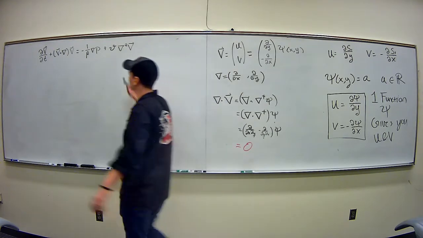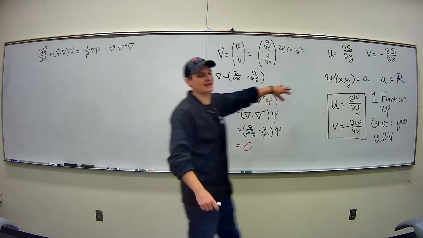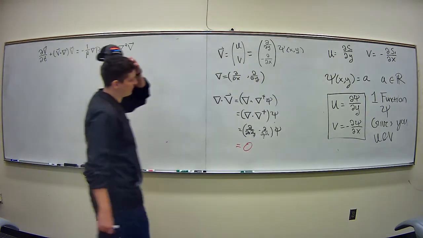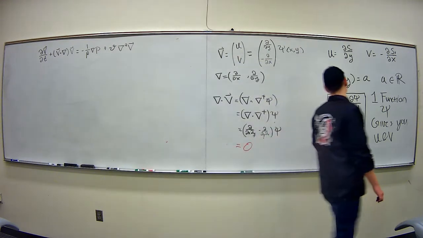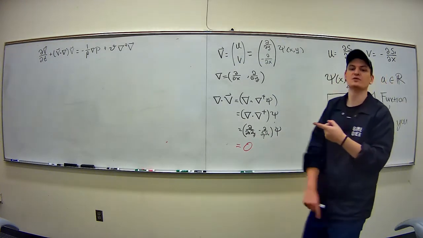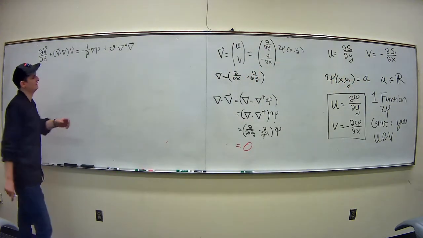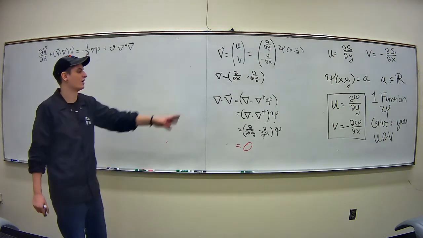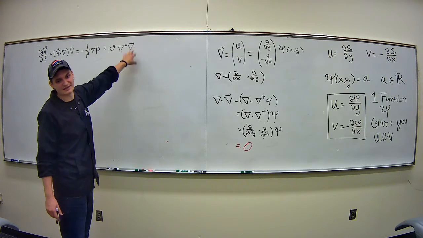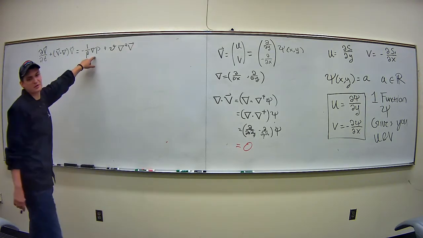So now I'll transform this to be not a statement of my vector field, but a statement of my potential function, psi. Again, you see the power of psi: if I knew what psi was, I could calculate u, I could calculate v. One other thing: if you know what this velocity vector is, based on psi, then you can calculate what the pressure is.